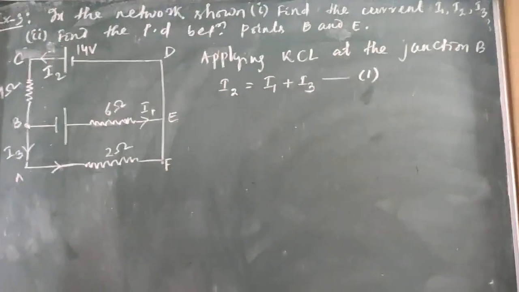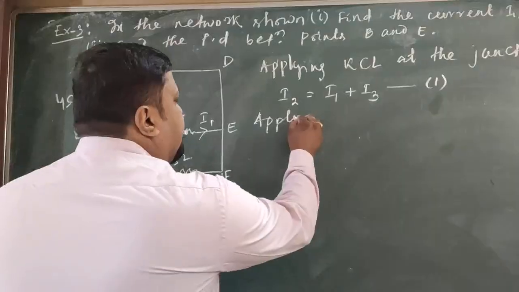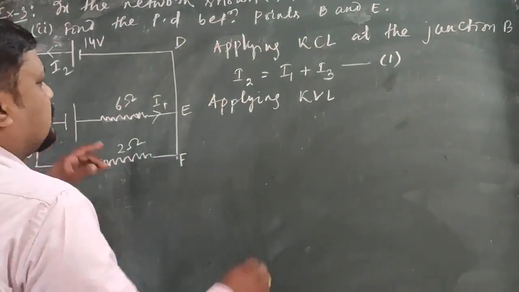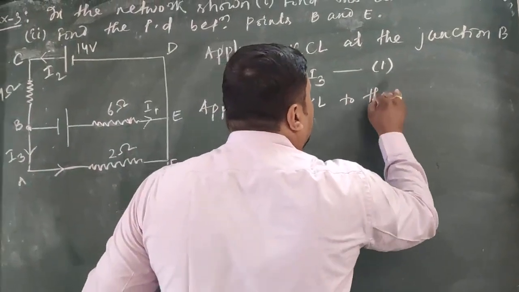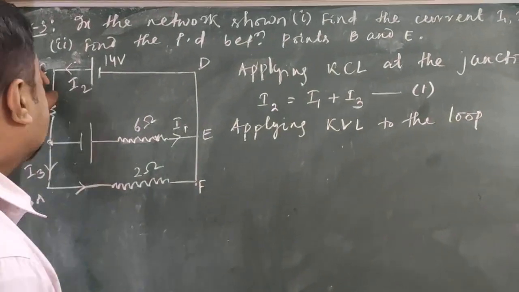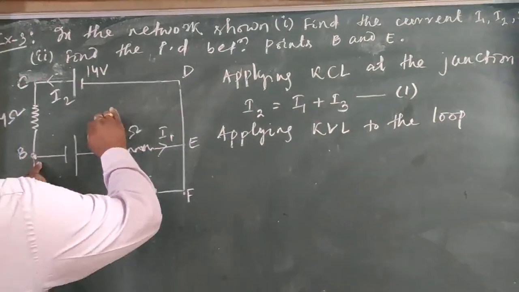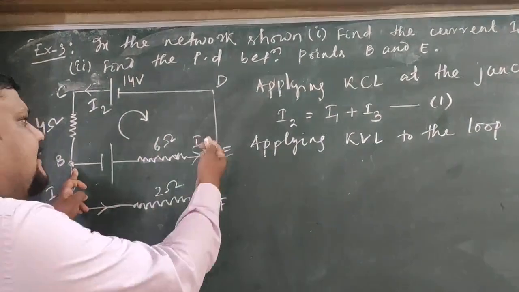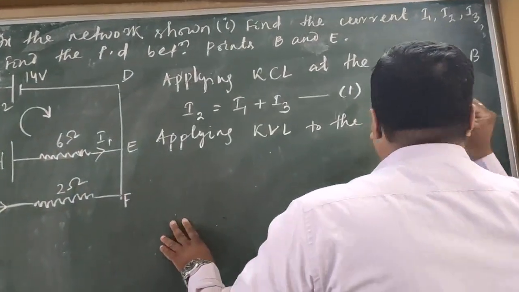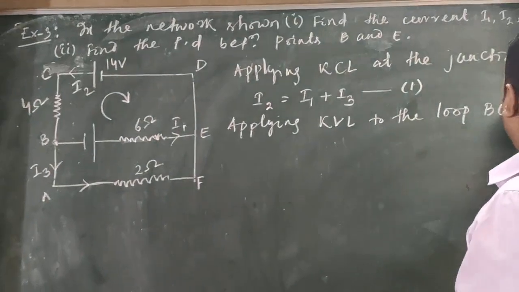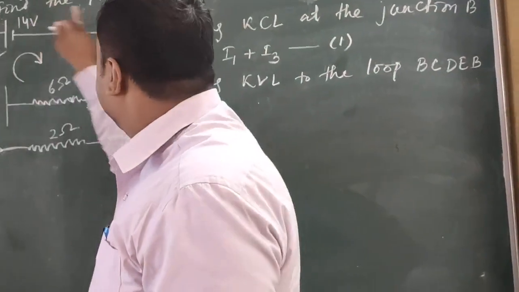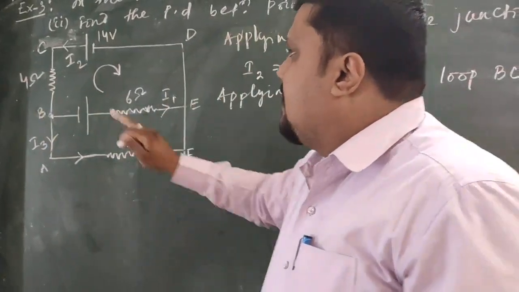Clear? Next, apply KVL to the loop B, C, D, E, B. I will take the loop like this; you can take the opposite direction also.